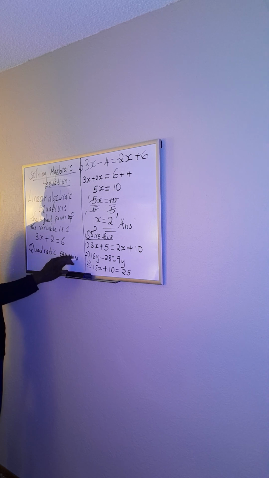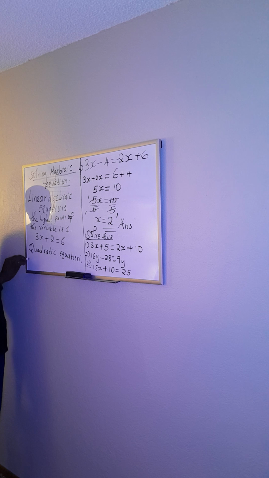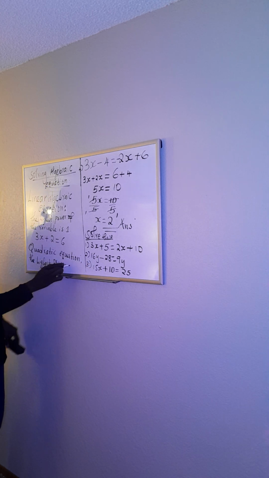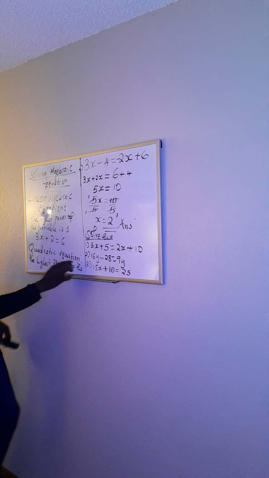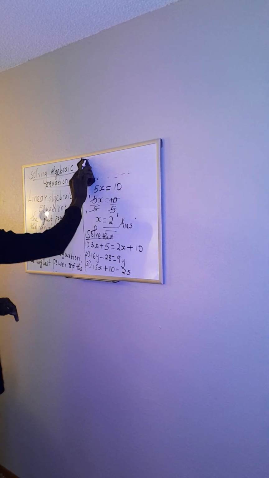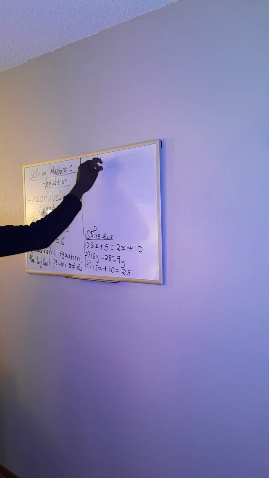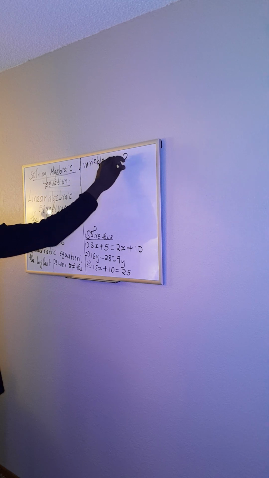For quadratic, the highest power of the variable is 2. I want you to know those differences before you even solve them. The highest power of the variable is 2. So you need to know that.